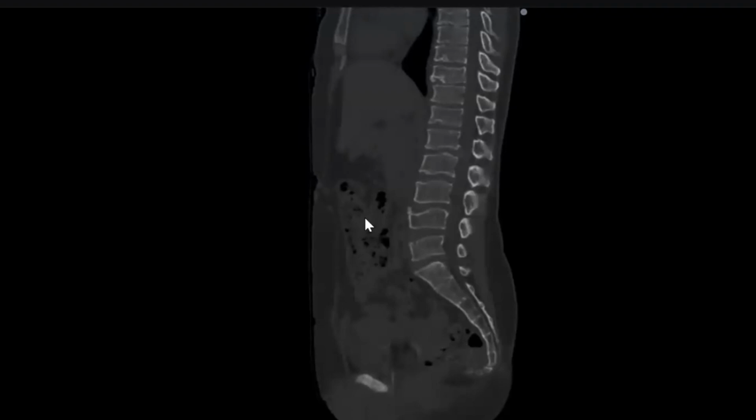Here I can see that there is a decrease in the height of the anterior aspect of the L4 vertebral body. The rest of the vertebral bodies appear within normal. The vertebral spaces are preserved and the vertebral bone marrow appears within normal.